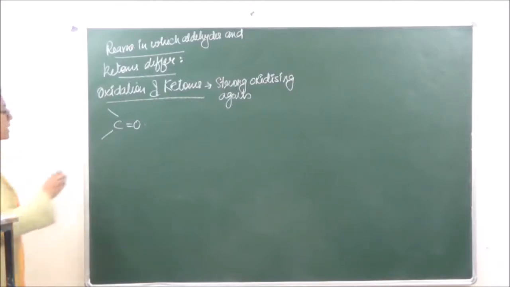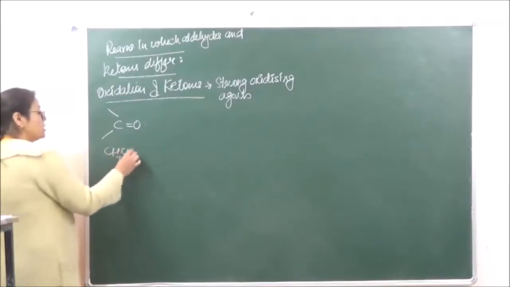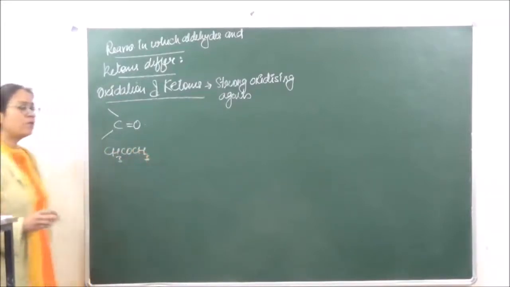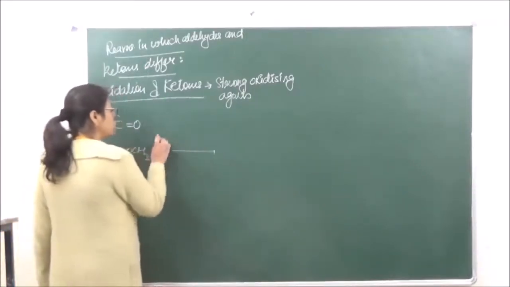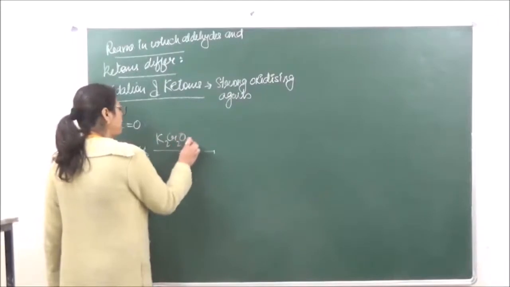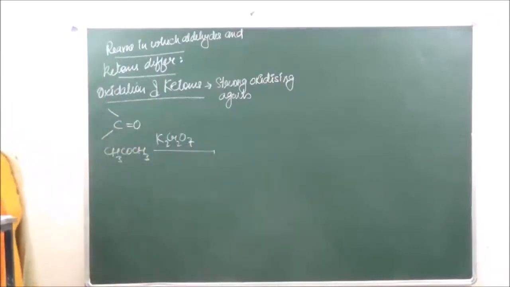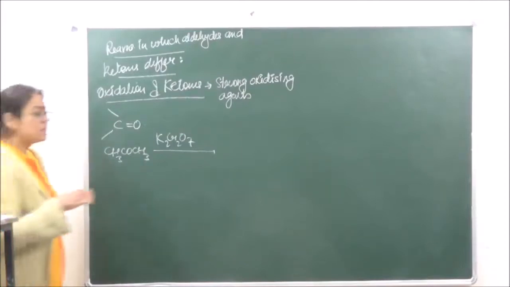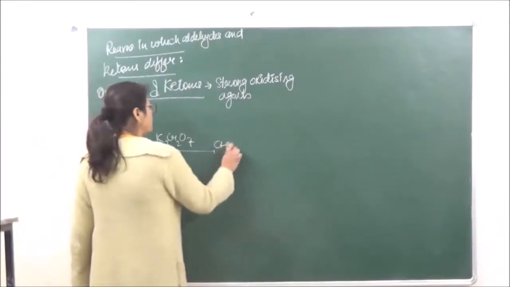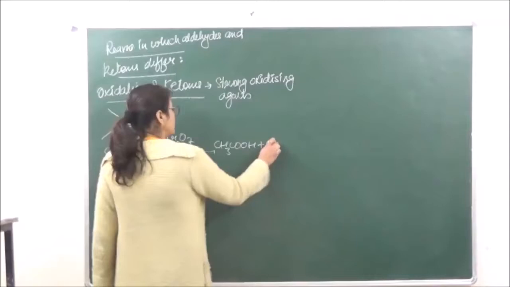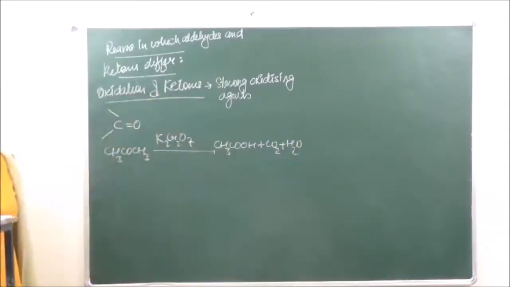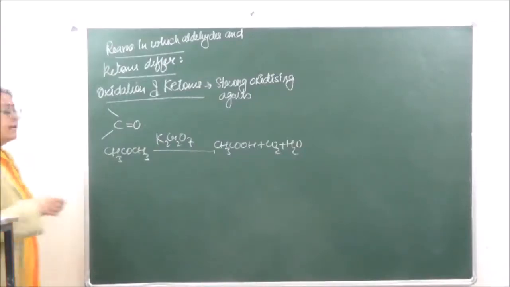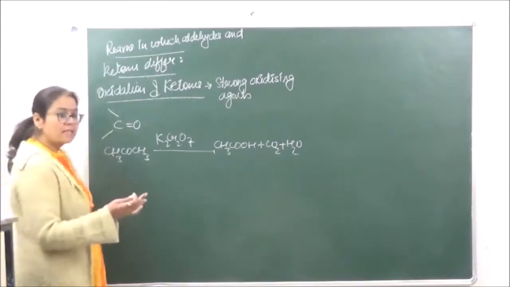So let's say we are taking CH3COCH3, the first member of the ketonic family, which is acetone, and we are oxidizing this in presence of K2Cr2O7 in acidic medium. This is going to give us CH3COOH plus carbon dioxide and plus water. In a similar manner, if we are having an unsymmetrical ketone, that is going to give us a mixture of acids, okay?